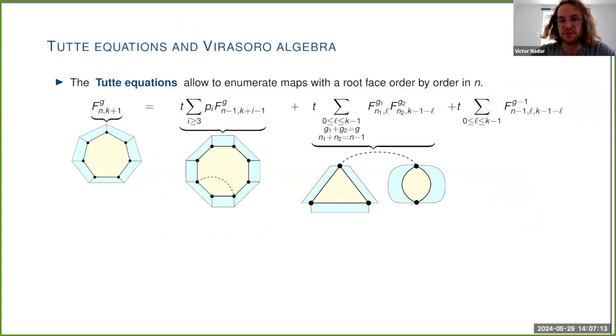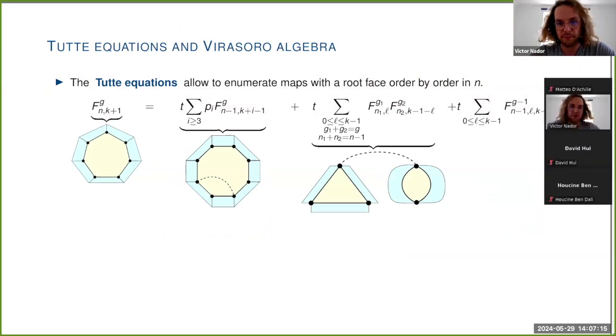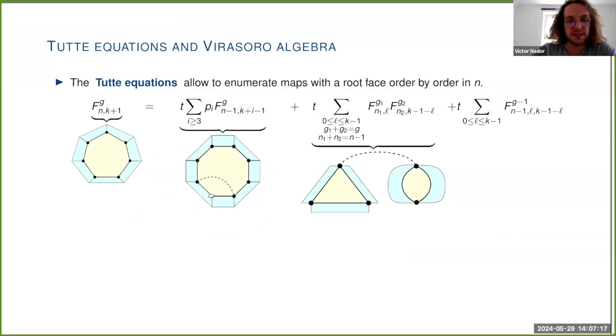There are different situations that can occur. The first one is when you have a map that has size n-1 with a larger root face, of size k plus i minus 1. Then you can simply cut the root face in order to get a map that will have root face k plus 1 in the end.